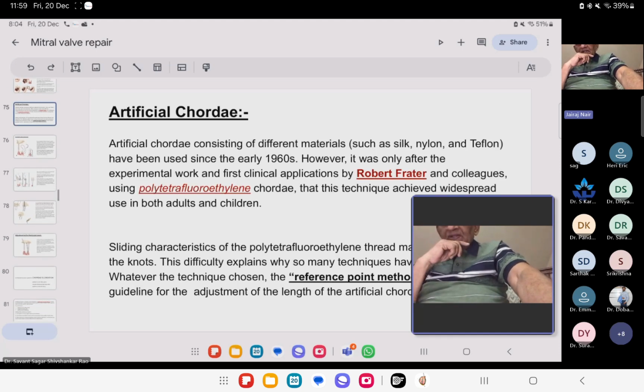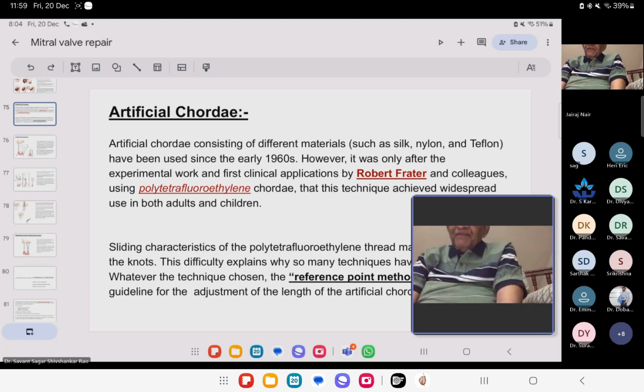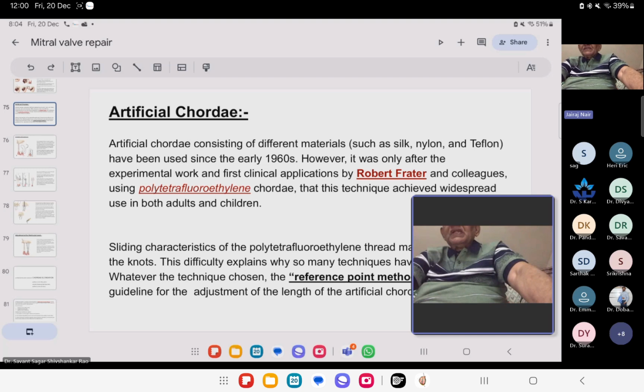Dr. Roy Chaudhary from All India Institute has published a paper. The importance is that when you do a commissurotomy, the anterior and posterior papillary muscles give chordae to both the anterior and posterior leaflets.